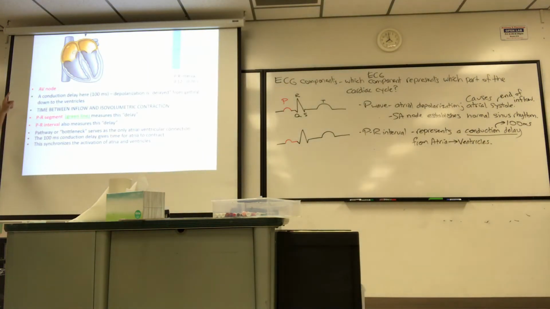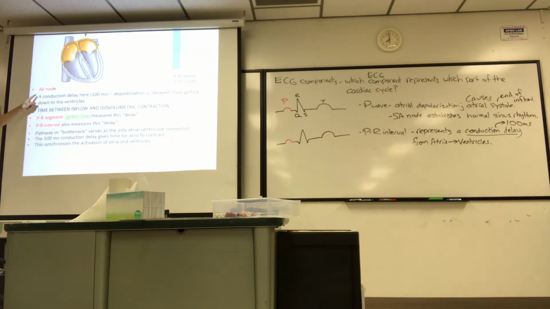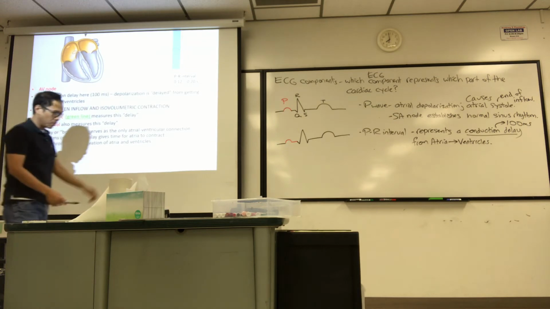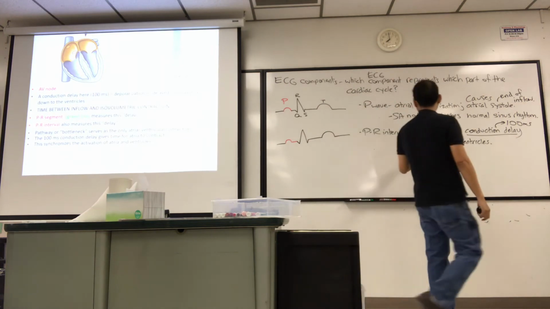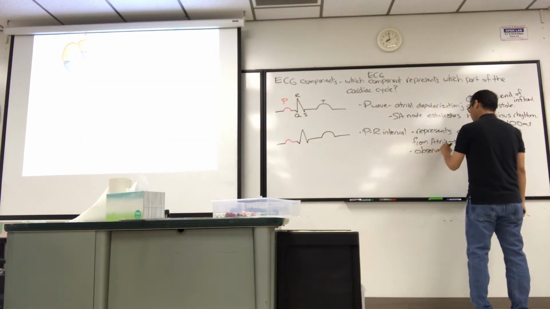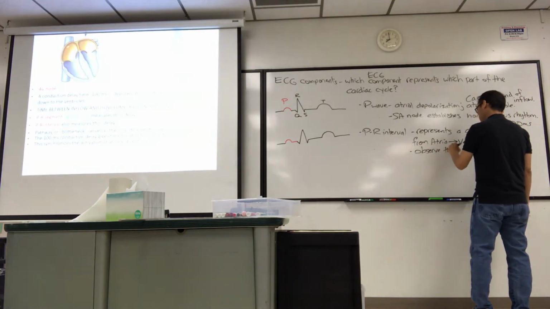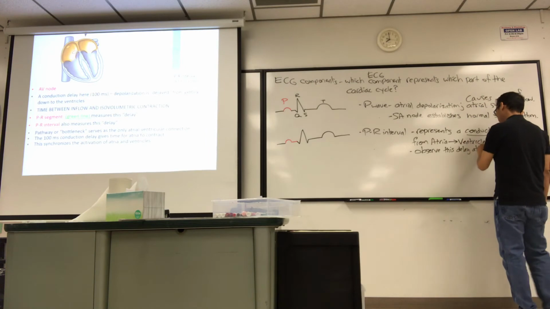So now what you've reached is you get all the way through the atria, and now you're at the AV node. This is where you observe this delay at the AV node. I should note that. I already did, but let's write it again. Observe this delay at AV node.